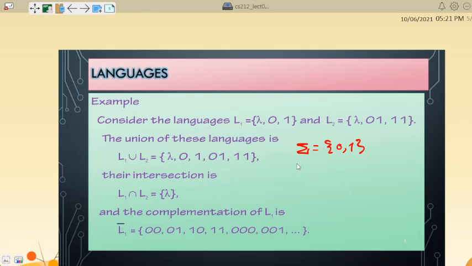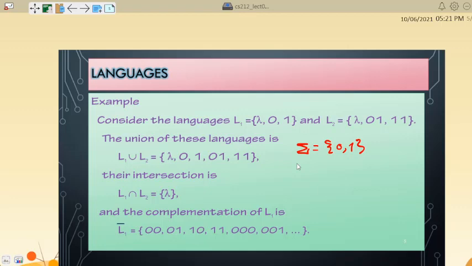So the L1 complement is the elements that are not in L1, but our L1 is lambda, 0 and 1. So we take these symbols out of sigma star.